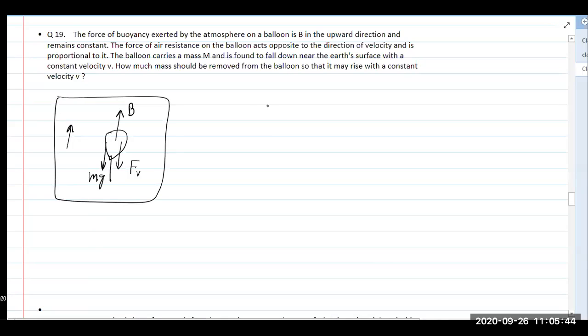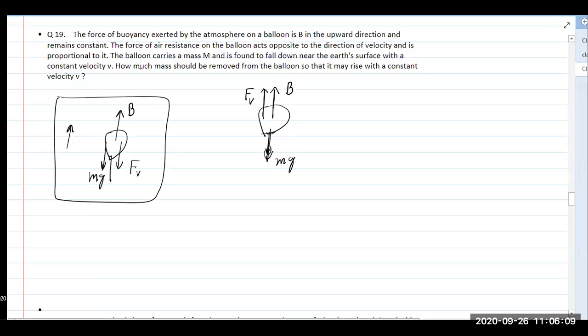First, I am writing that the balloon is going down. If it is going down, then one force will be mg, one force will be buoyancy, and since it is going down, one force will be the viscous force, the friction force, and it falls down with constant velocity.